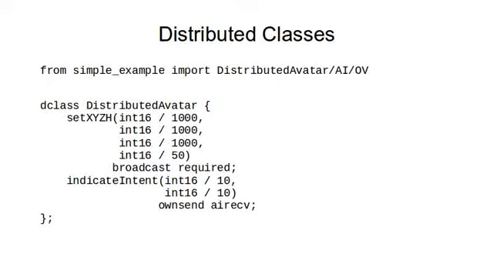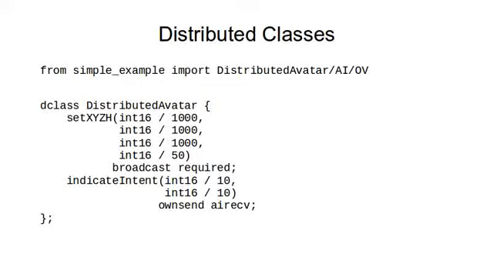These classes will have 2 methods, namely setXYZH and indicate_intent. setXYZH is actually a field because it has the keyword required, which means that when a distributed avatar object is created in the network, it is required to have a field named setXYZH. Indicate_intent has no such keyword, which means that it's purely a method.